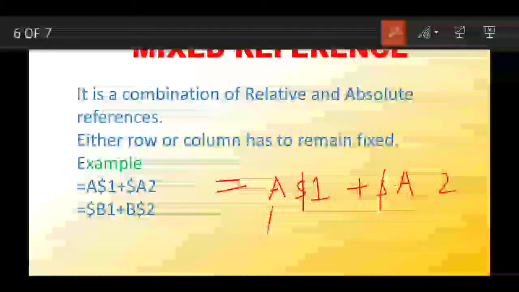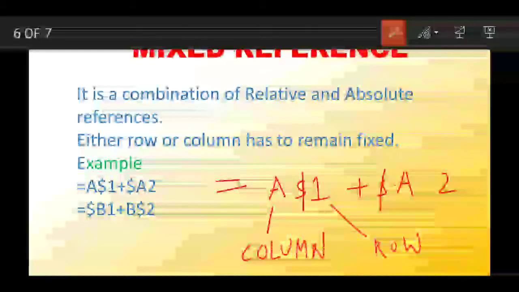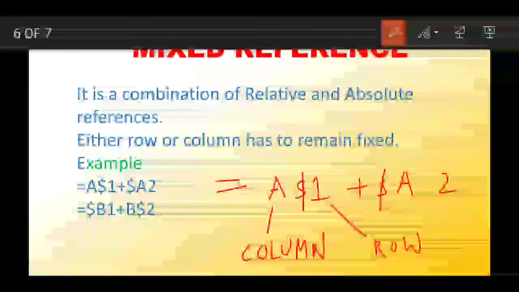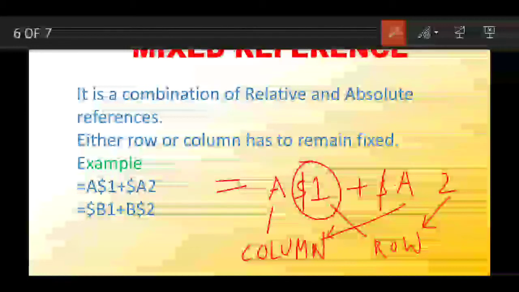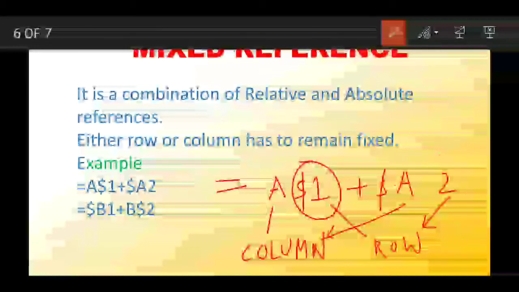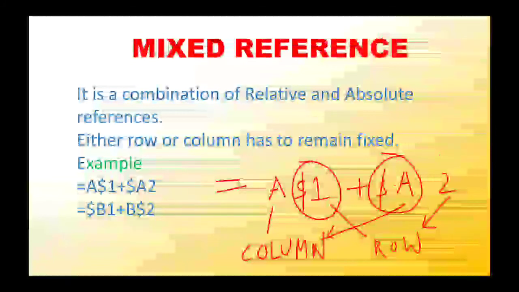As we know, this is the column and this one is the row. So we have put the dollar symbol only before the row, and in the same way, this is the column and this one is the row, and we did not put a dollar symbol before this row, we just put it before the column. Here only one value has been fixed.